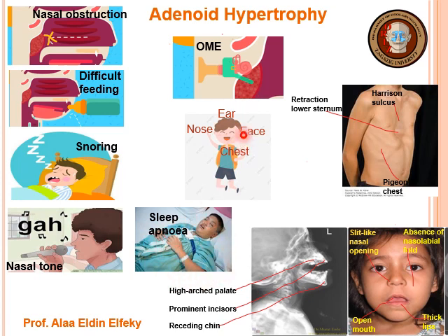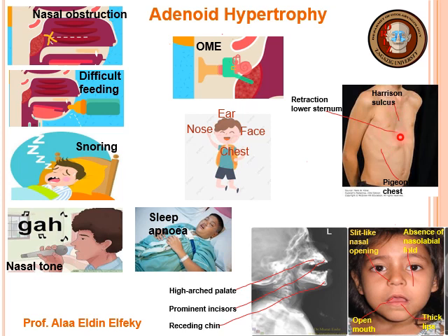What does adenoid hypertrophy cause to the ear? This usually causes ostial obstruction and otitis media with effusion. What will it do to the chest? We can see here the Harrison sulcus.